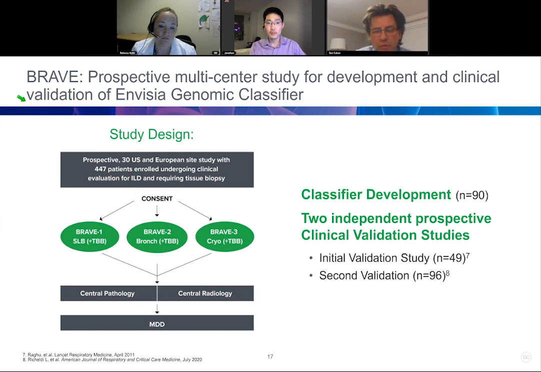They were reviewed for central pathology, central radiology, and then subjected to an MDD. The biopsy specimens were used to generate this yes, you have UIP or no, you don't call based on a computer algorithm. Then there were 2 independent validation studies, and you can see that there were about 150 patients between those 2 studies that then validated that classifier.